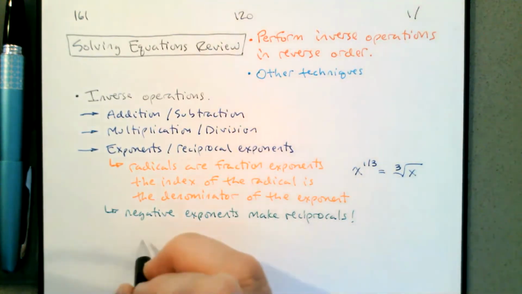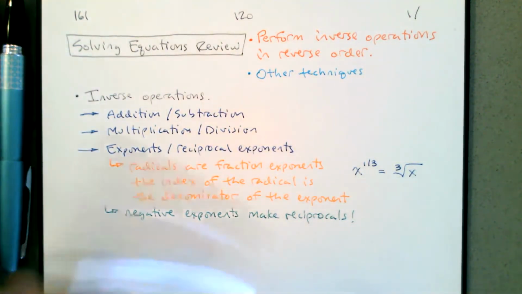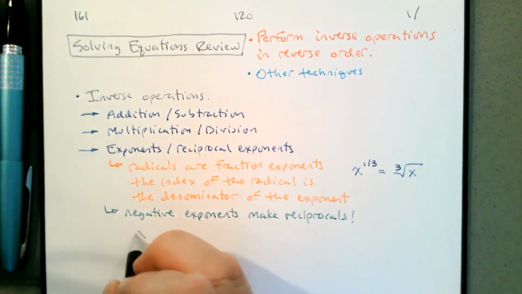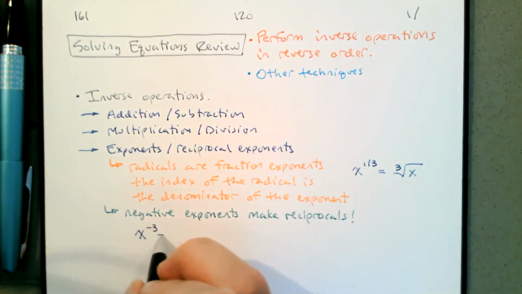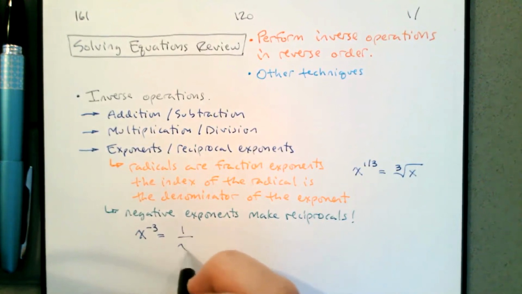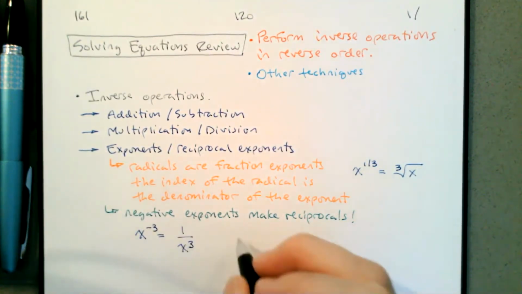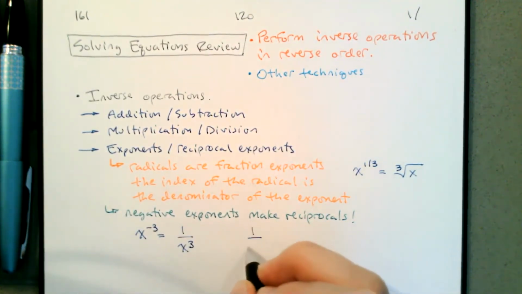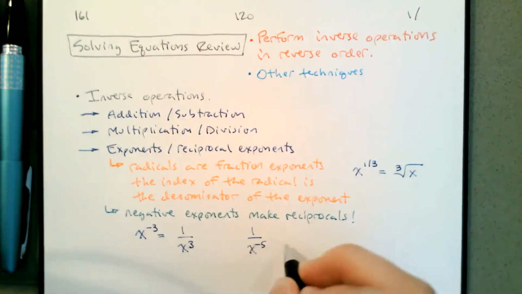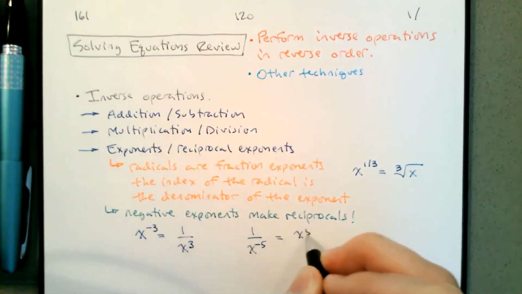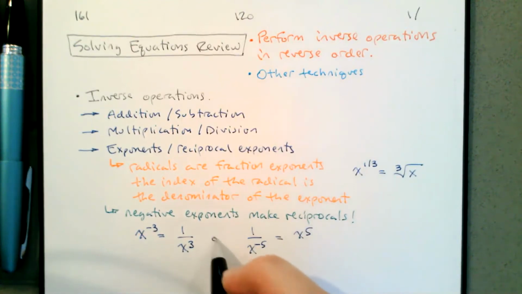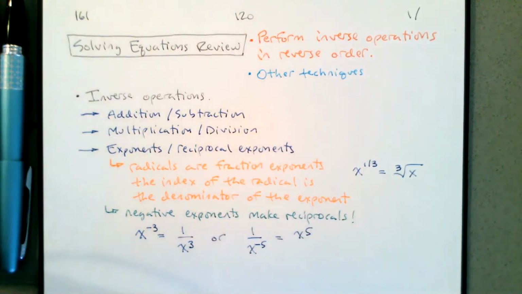So if we have an x to the -3 power, that's 1 over x to the 3rd, or 1 over x to the -5 is x to the 5. So a negative exponent in the numerator is a positive exponent in the denominator.